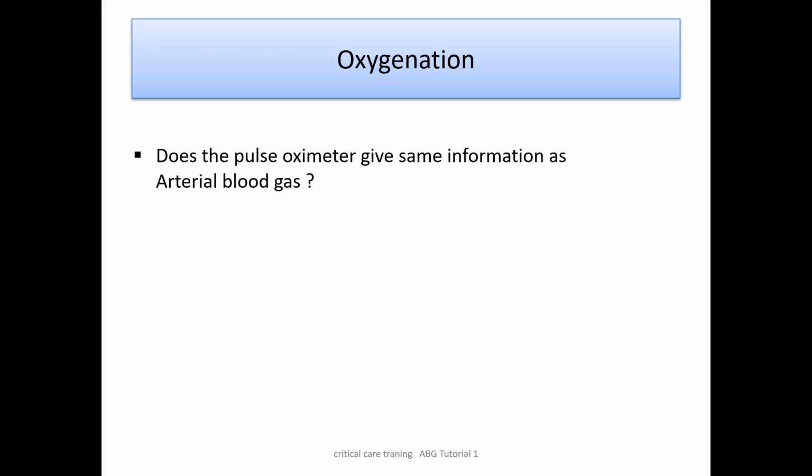Apart from this, if there is a saturation gap, a difference between the arterial PO2 and the pulse oximeter reading, you should suspect some dyshemoglobinemia, which will not be picked up by the pulse oximeter. You need a co-oximeter in situations like methemoglobinemia and carboxyhemoglobinemia.